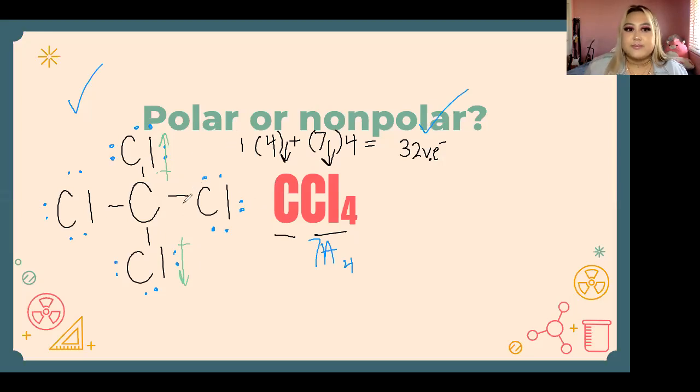Okay. So if it was CCl3, would it be polar? Yeah, because if we took this out, carbon would have a lone pair of electrons.